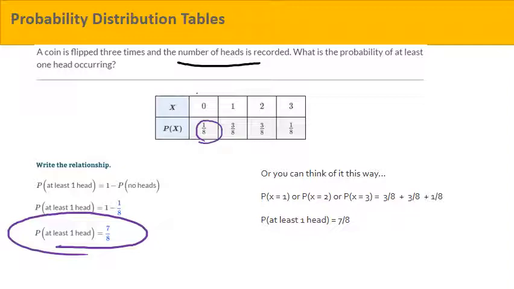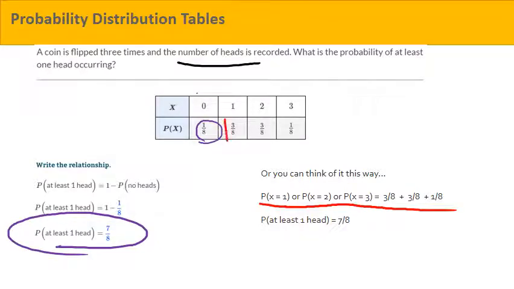The probability of getting at least 1, okay, if I said give me at least $1, that means you have 1 or more. So that means you would add up each one of these.